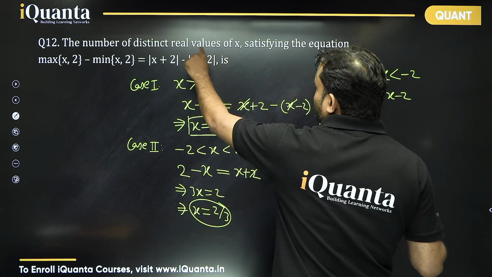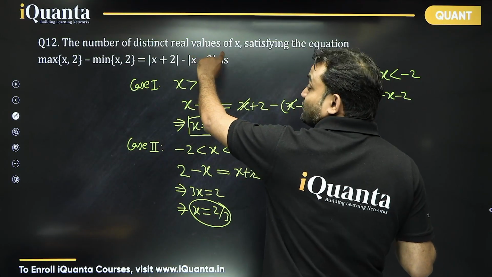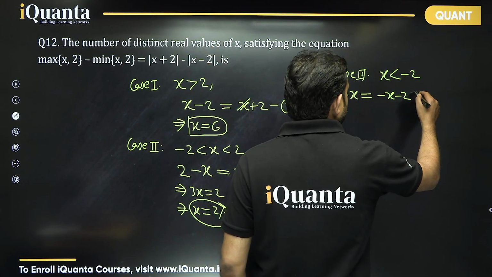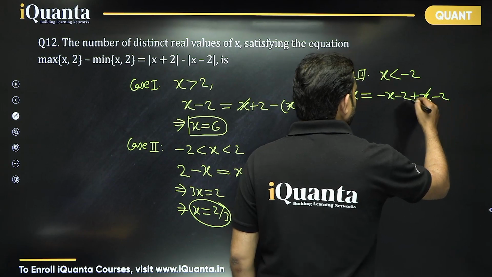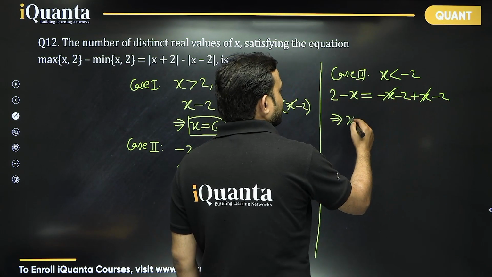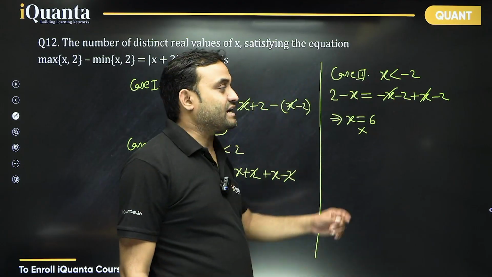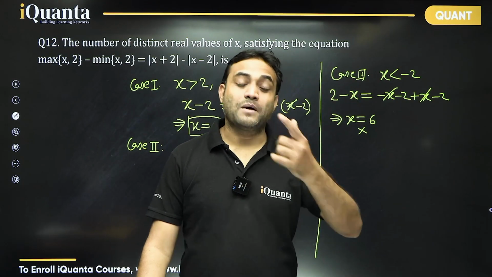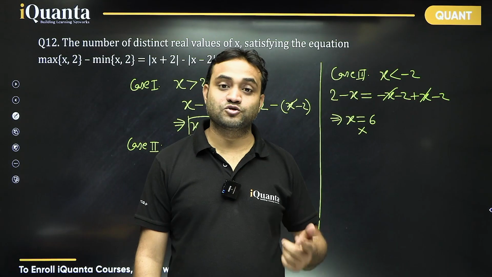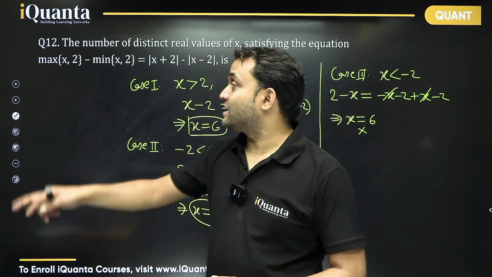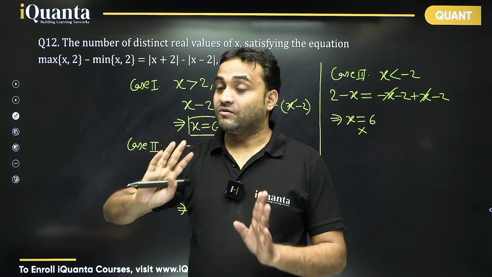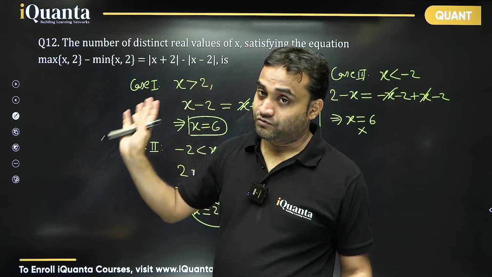Then this will also be negative, so minus of this expression will come out: minus of minus, plus x minus 2. So x cancelled out, and we get x equal to 6, which does not work because we have taken x less than −2. Apart from this, what are the values that we need to check? x equal to 2, which we have already tried, and we got 0 equal to 4, which does not work.